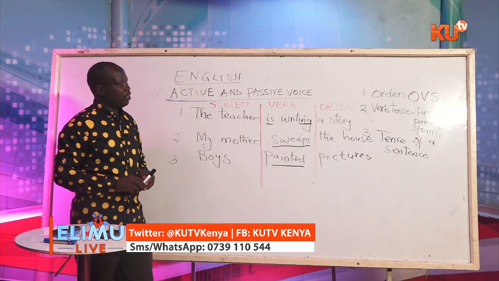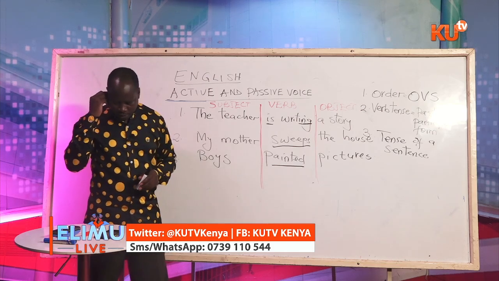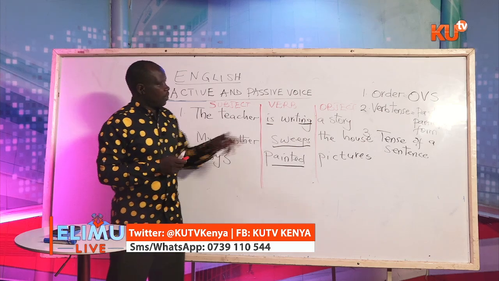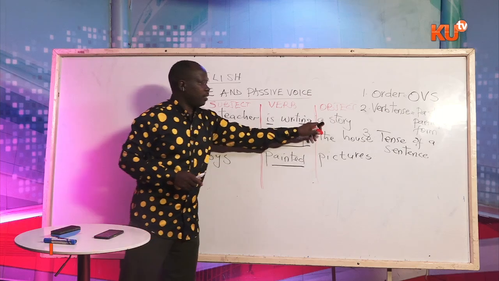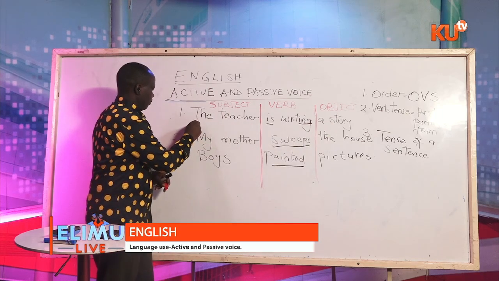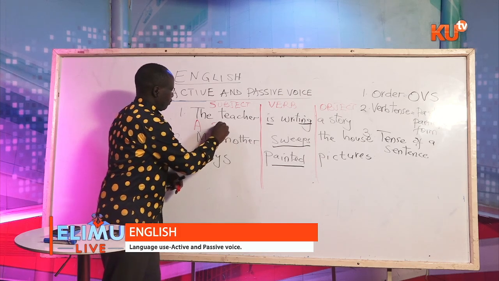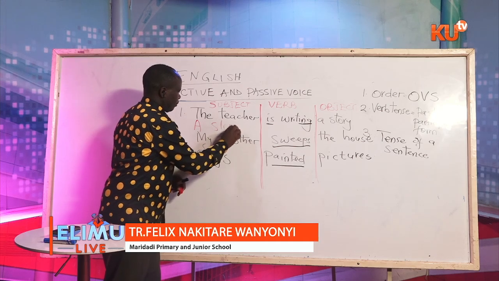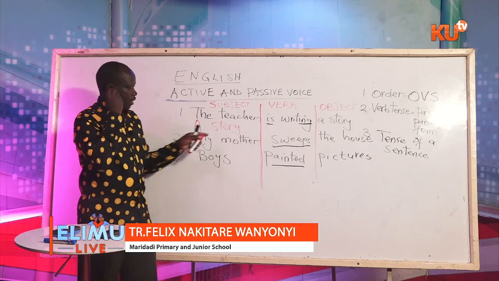We start with rule number 1, which talks of the order, and we start with the object. So what's the object? The object is a story.